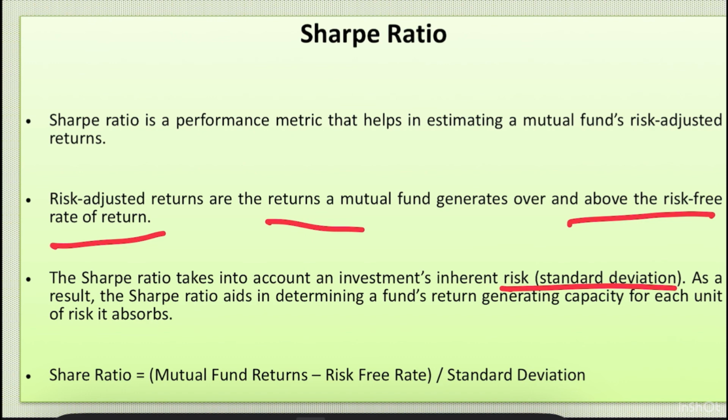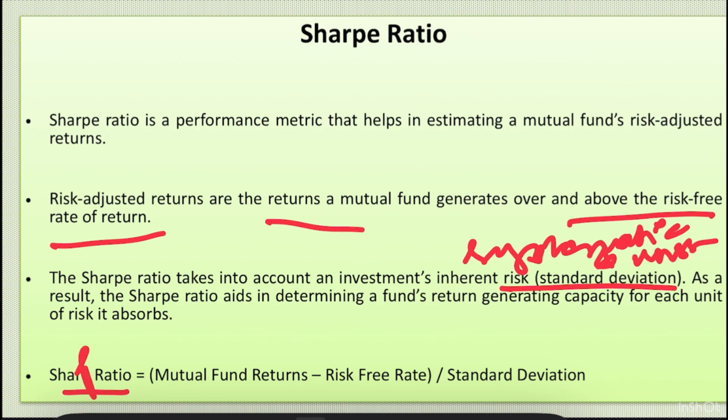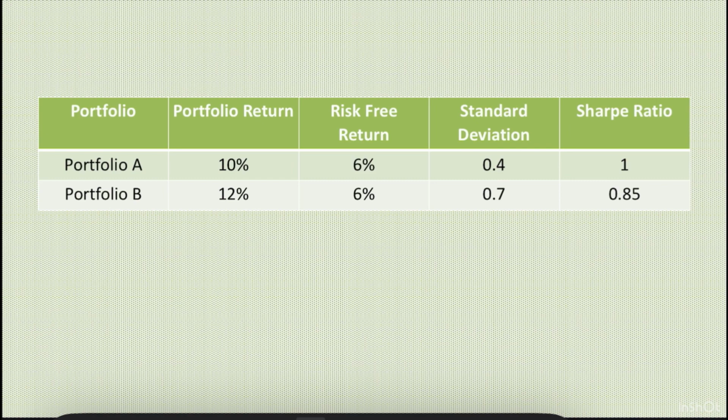Already discussed before that standard deviation takes into account the total risk, right? That is systematic and unsystematic risk. Okay? Right? So, the formula for computing the Sharpe ratio is mutual fund return minus risk-free rate of return divided by the standard deviation. Okay, so we'll understand this with the help of an example.